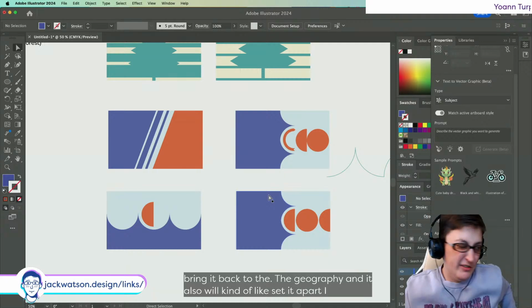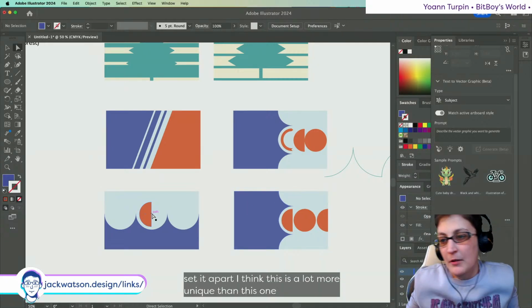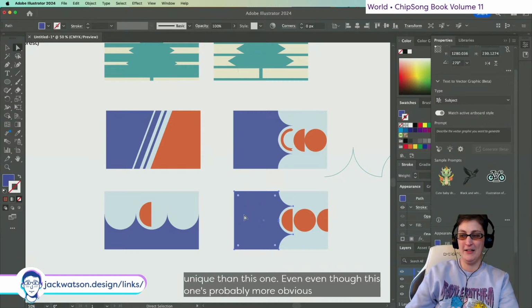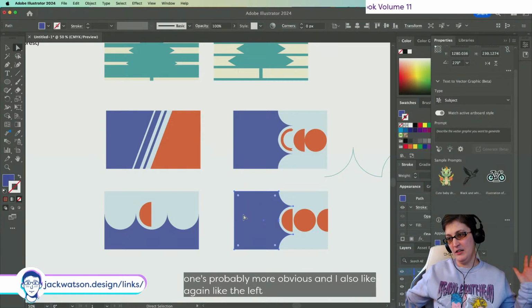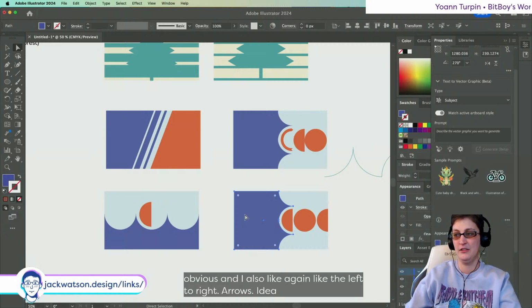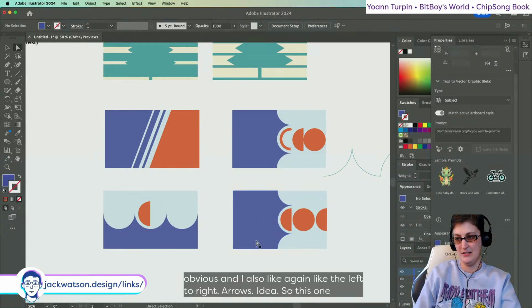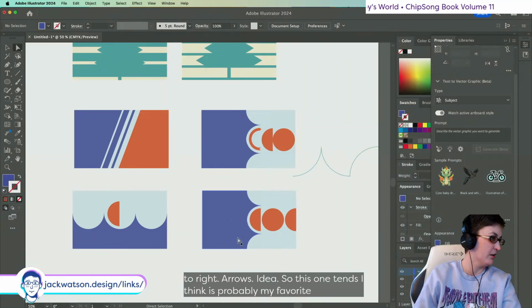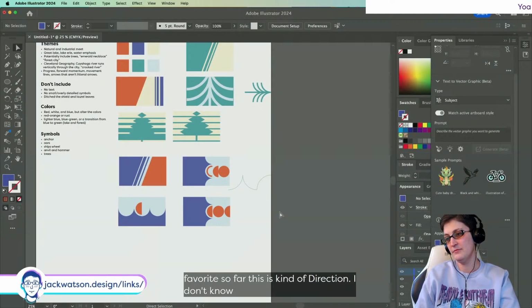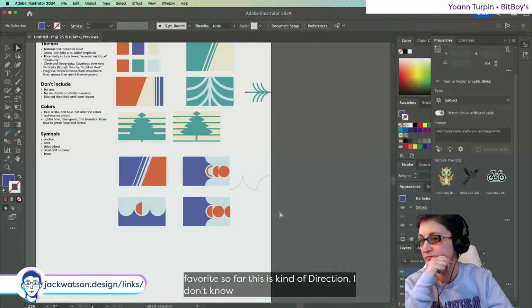I think this is a lot more unique than this one, even though this one's probably more obvious. And I also like the left to right arrows idea. So this one is probably my favorite so far. This kind of direction. I don't know. Splitting it that way.